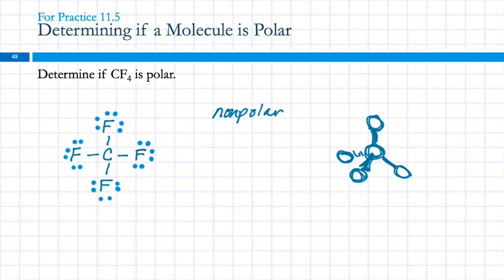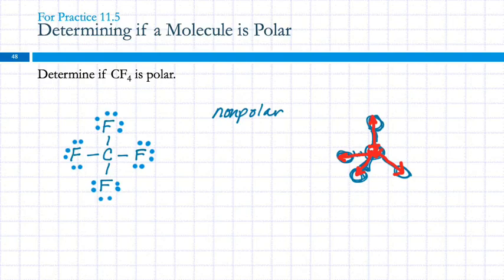So who's more electronegative, fluorine or carbon? Fluorine. So this would be a vector going towards fluorine, and this is a vector going towards fluorine, and this is going back towards that fluorine, and this one's coming out towards that fluorine.